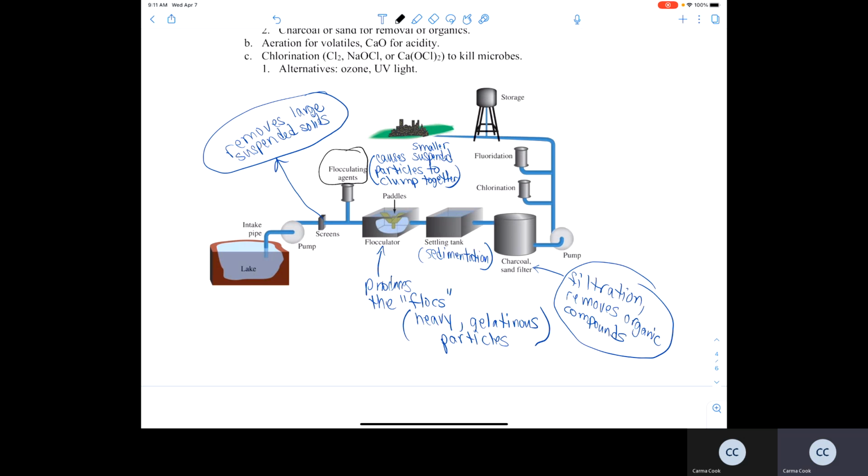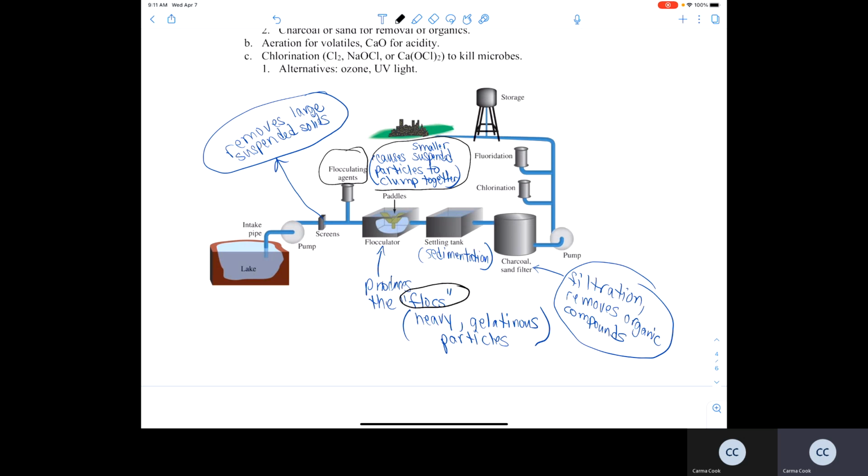Now, these flocculating agents are chemicals that will cause smaller particles that didn't get trapped in the screens, that are still in the water, to clump together and form what's called a flock, which is a big, heavy, gelatinous type of particle.